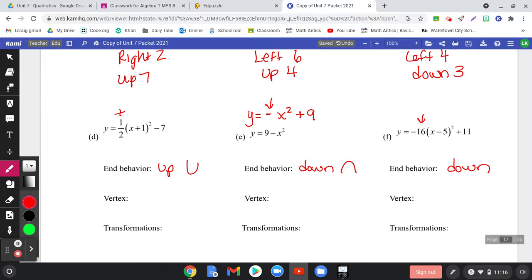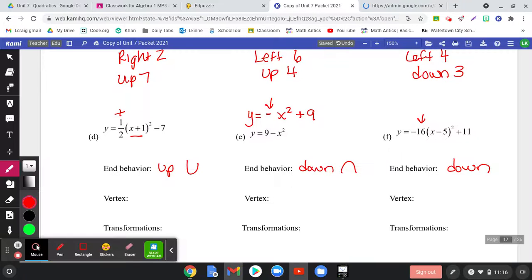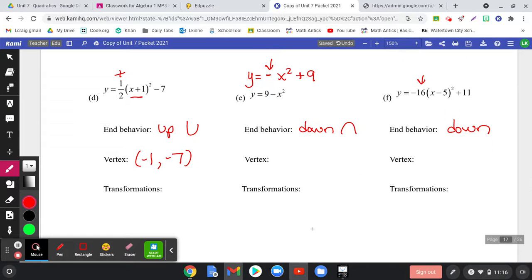Okay, our vertex is negative 1, negative 7. So that means it moved to the left 1, down 7. This one, there's nothing with your x, so it's 0, 9.